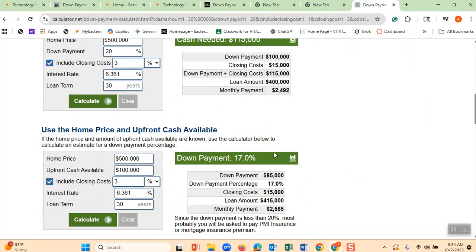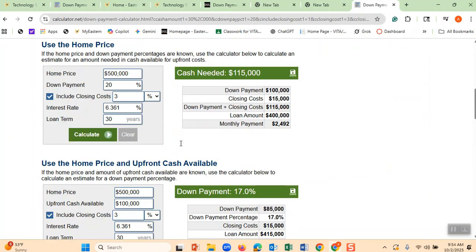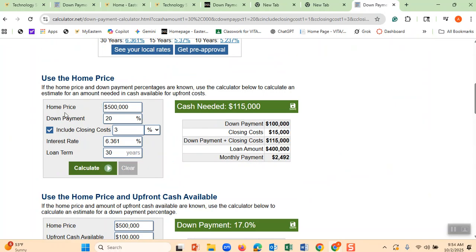And as I told you, I want you to read this and try to see, these are additional calculators. This is straightforward. It says that if the home price is $500,000, and you want to put 20% down, it is this. And then it will add the closing cost.